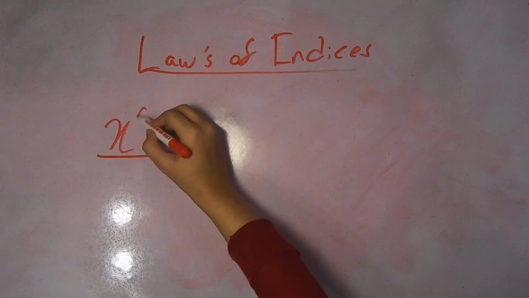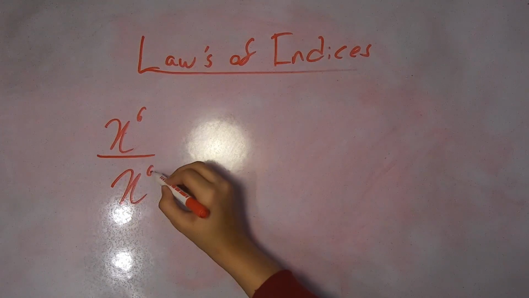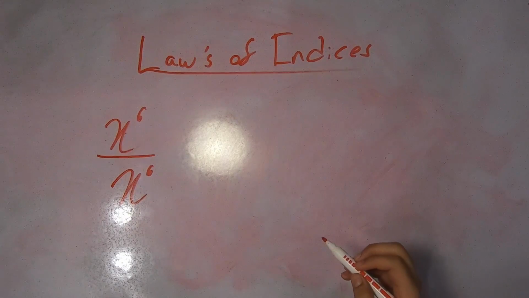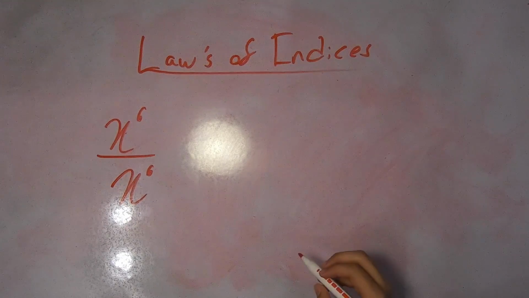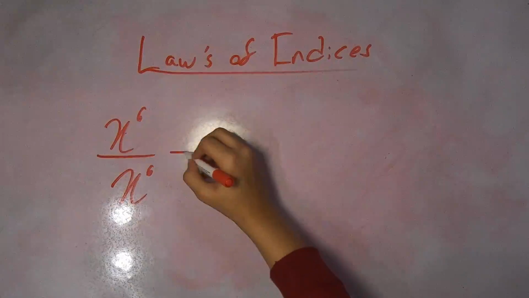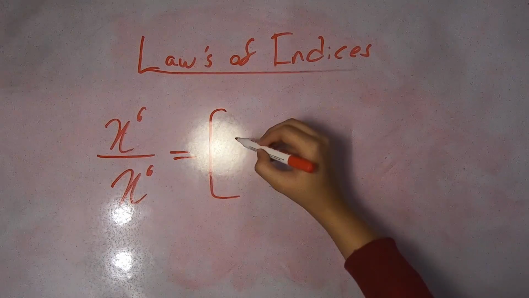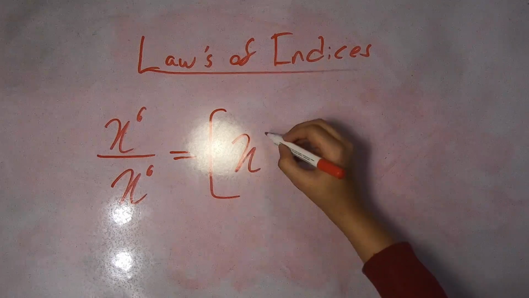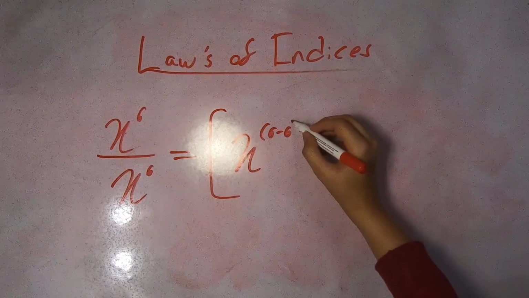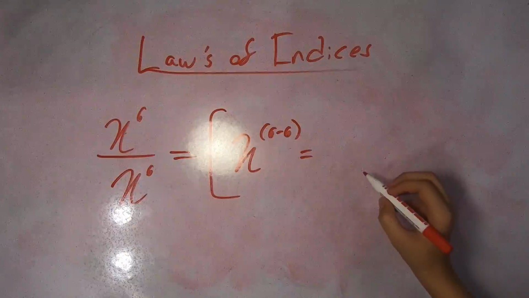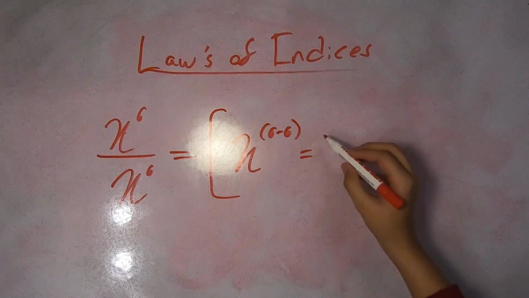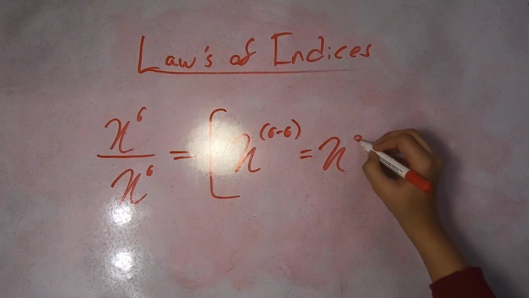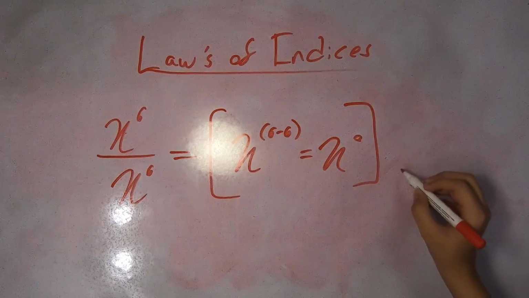Okay, so x to power 6 over x to power 6. Now instead of writing 1 again, why don't we rearrange the equation with the law of indices that we used? If we apply that law, x to the 6 minus 6, the answer is simply x to power 0.